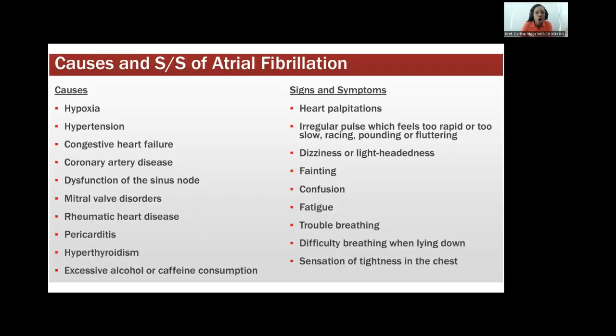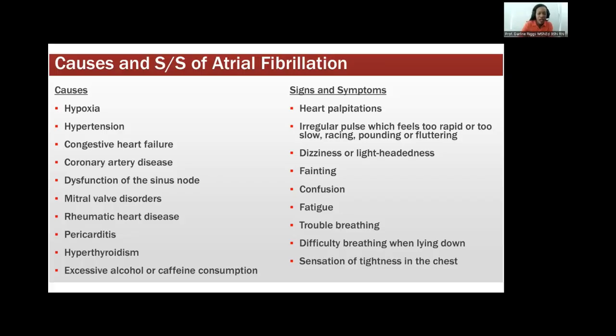So now let's go over causes of atrial fibrillation. Hypoxia, similar. Hypertension, CHF, coronary artery disease, sinus issues, sinus node issues. Mitral valve issues, rheumatic heart disease, pericarditis.